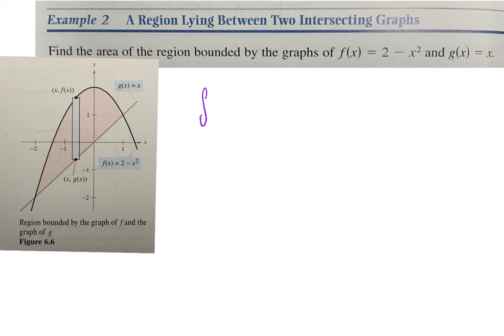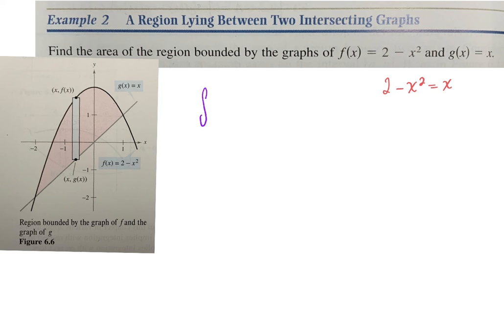So your first step is not to set up your integration because you don't know it. Your first step is to set these guys equal to each other and figure out what your bottom and top bound will be. This is way back from Algebra 1, Algebra 2 days: you need to set it equal to 0 and factor and solve.